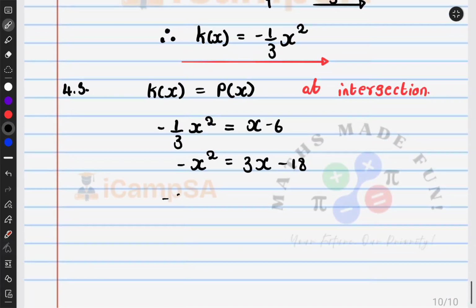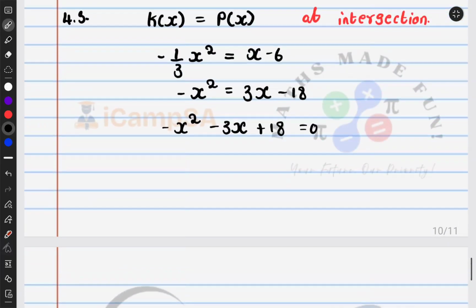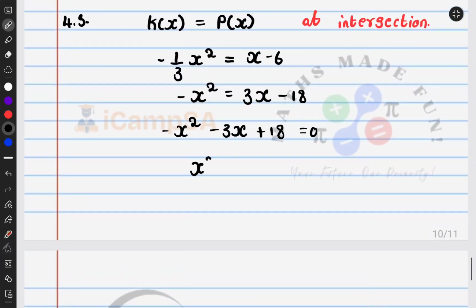Let's move everything to one side: minus x squared minus 3x plus 18 is equal to 0. Let's divide everything by negative 1. We'll have x squared plus 3x minus 18 is equal to 0.